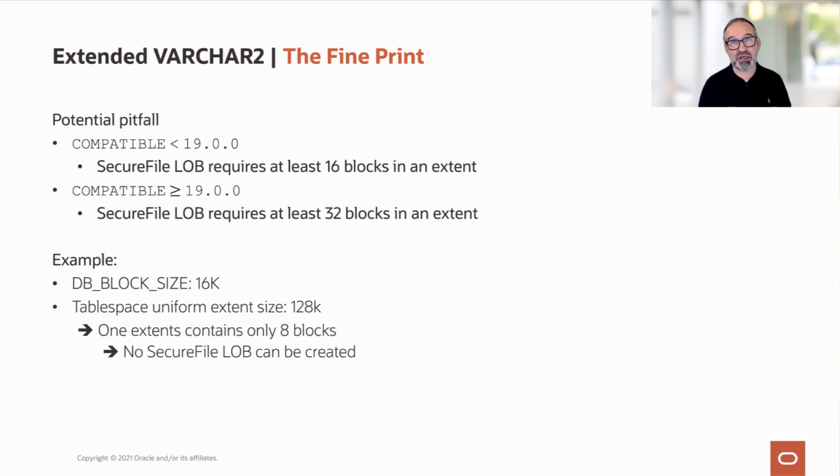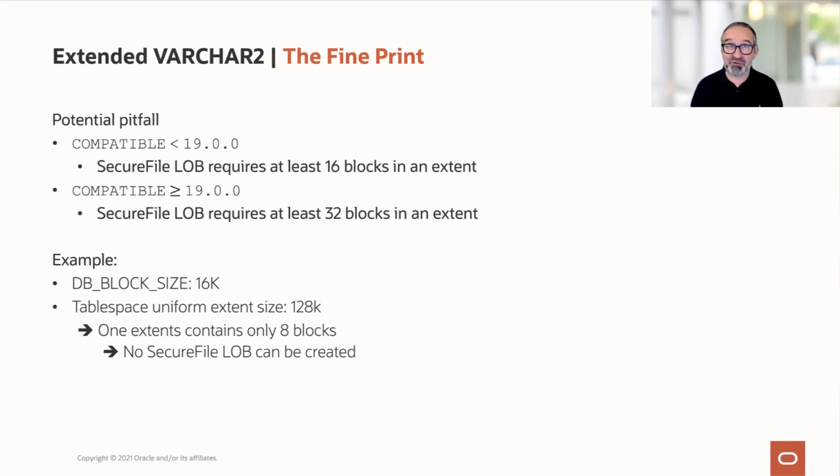And with 8 Oracle blocks in one extent, I can't create a SecureFile LOB, and so I can't create an extended VARCHAR2 column in that. It may sound a bit artificial, but as we've seen this now in 2 customer cases with upgrades, I would like to recommend you pay attention.